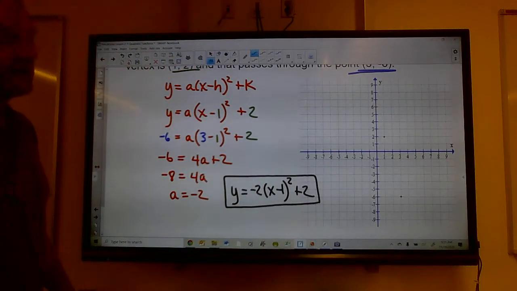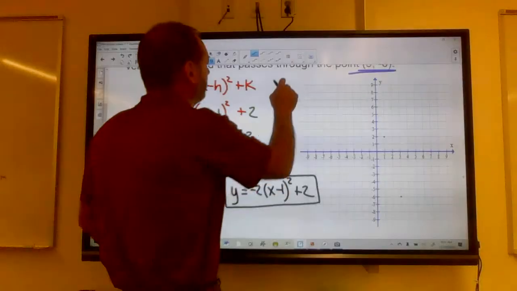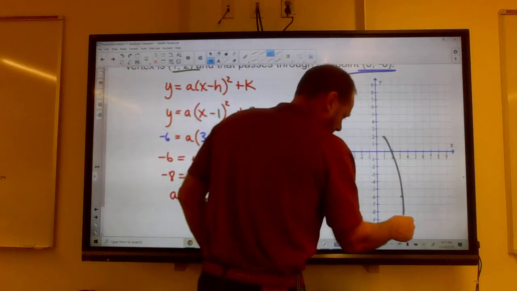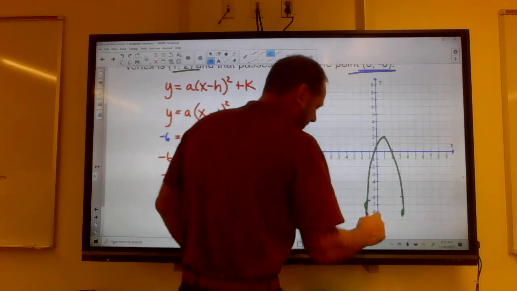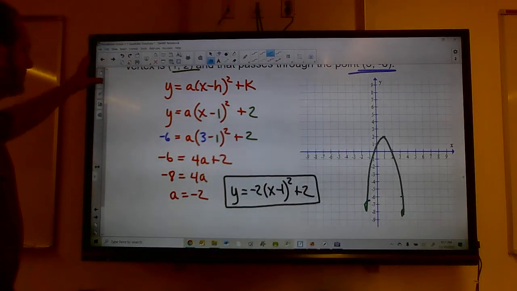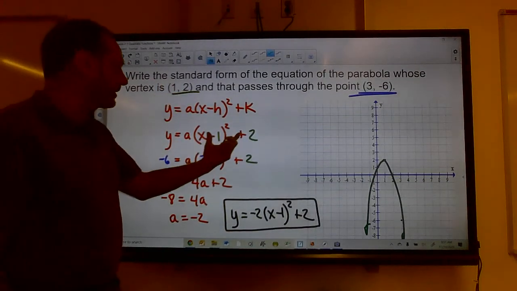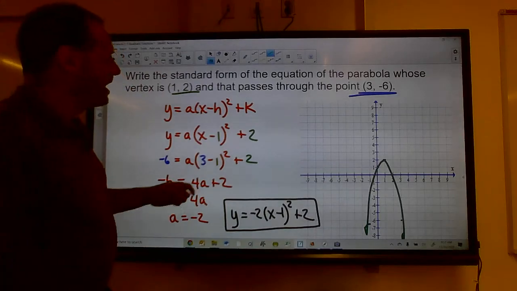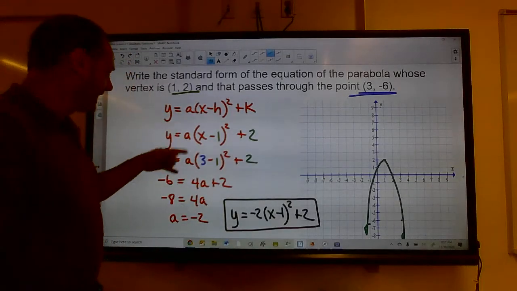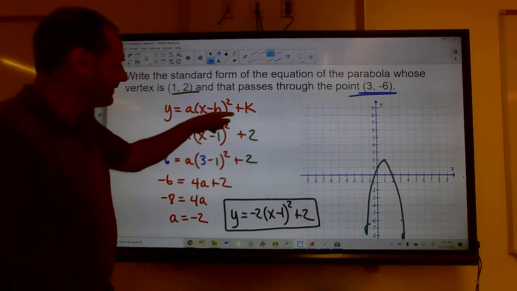But that's good enough for this answer. And that's going to give me a parabola that's going to look like that. So what did I do on this? I substituted in the vertex where it goes in the equation. I substituted in the point that I knew was on the graph for the x and the y. I solved for a, and then I put it back in here, and then I get this.